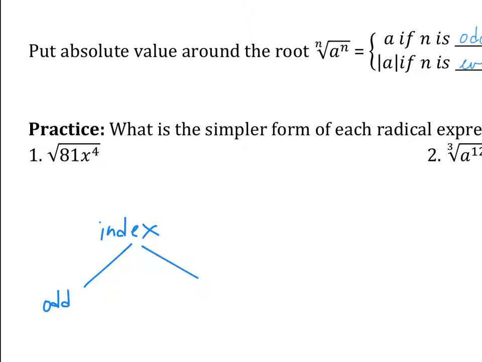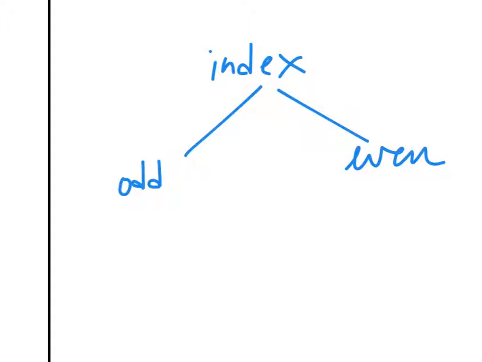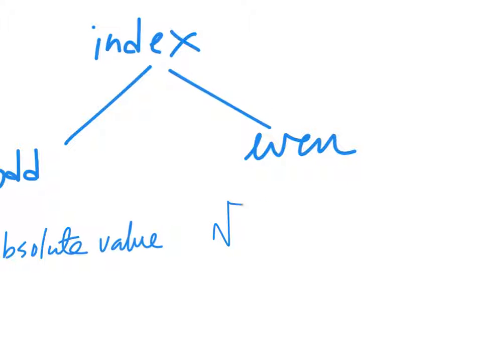Odd, even. If you have an odd index, you just don't care about the absolute value. It is what it is. It comes out whatever sign it should come out. Even, there are two cases.